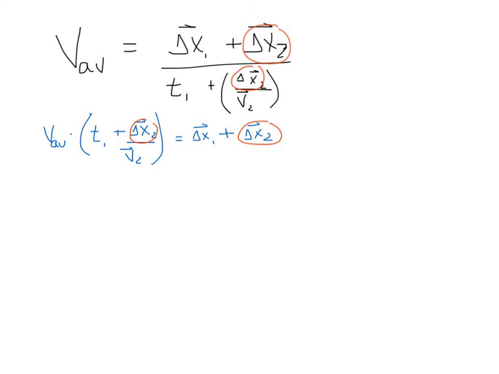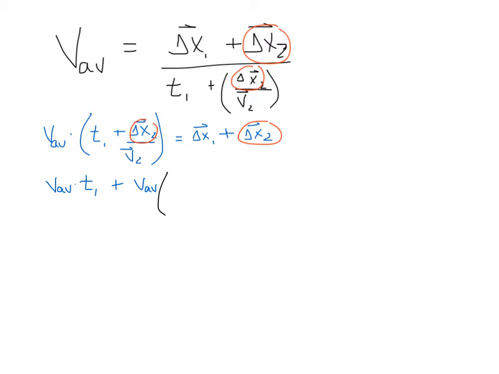Go back to blue here. So let's distribute the average velocity. So we got average velocity times time 1 plus average velocity times this whole fraction. In fact, I'm not even going to put the parentheses right there.